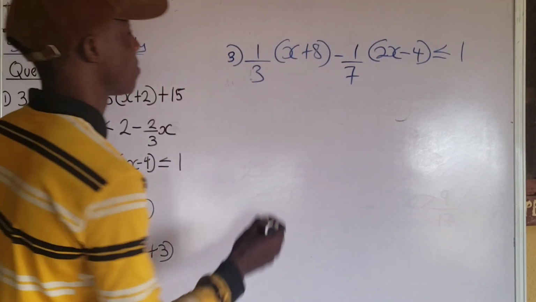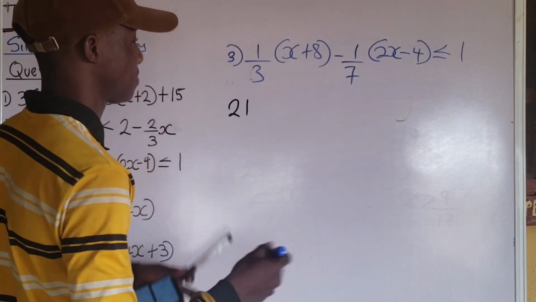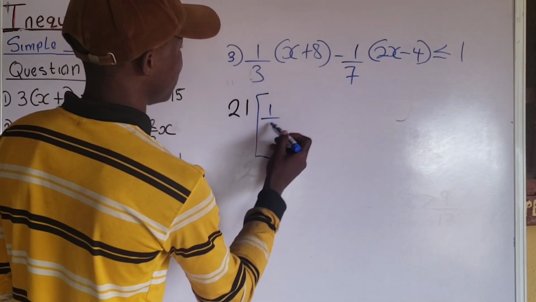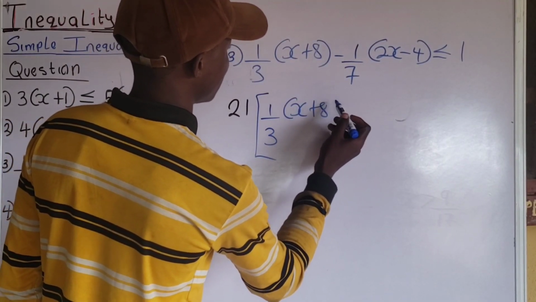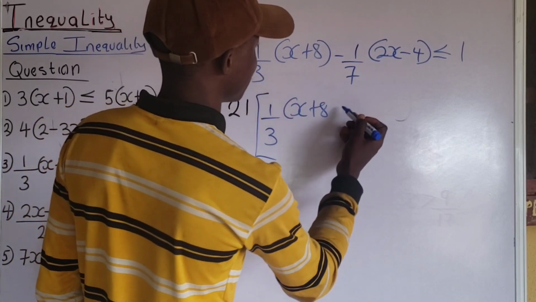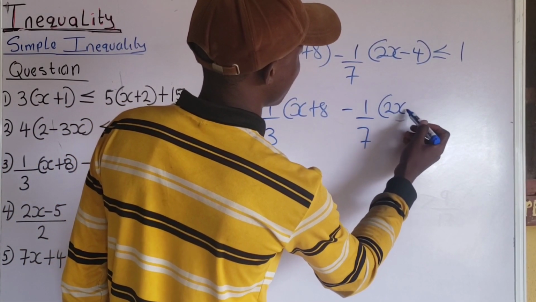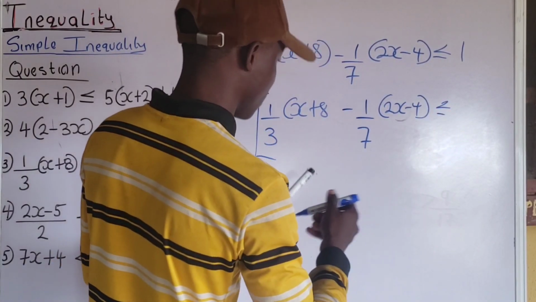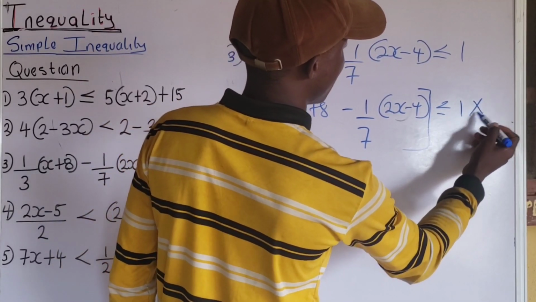So, I'm going to multiply all this by 21. 21 multiplied by, pay attention, 21 multiplied by 1 over 3 into bracket x plus 8. Are you paying attention? Minus 1 over 7 into bracket 2x minus 4, close the bracket now, less than or equals to 1 multiplied by 21.